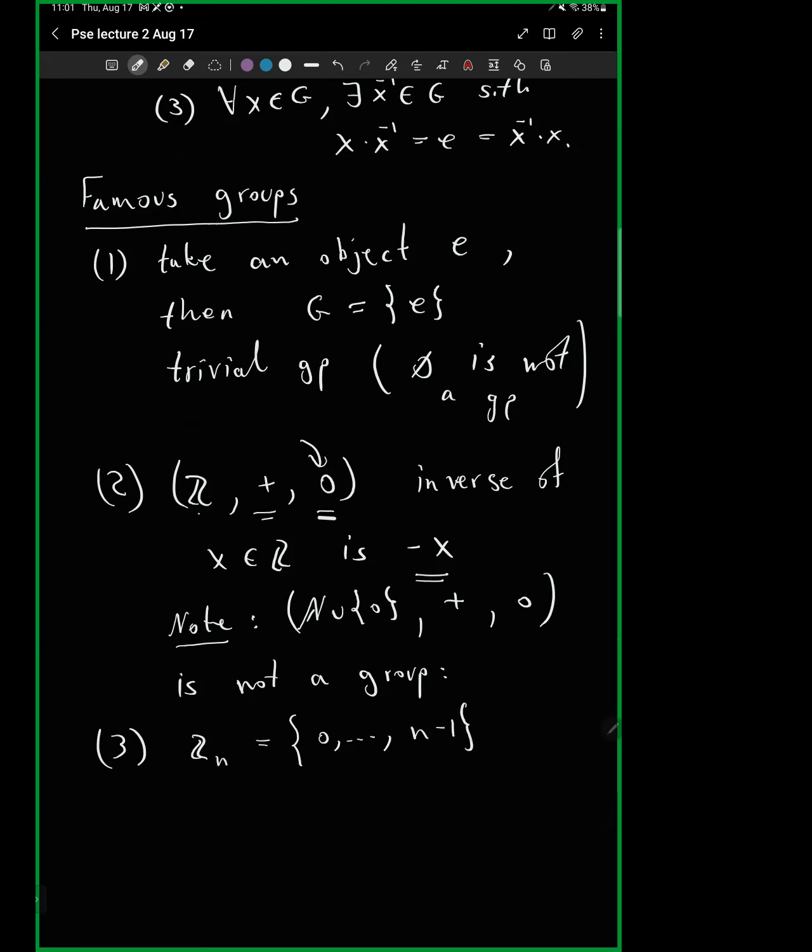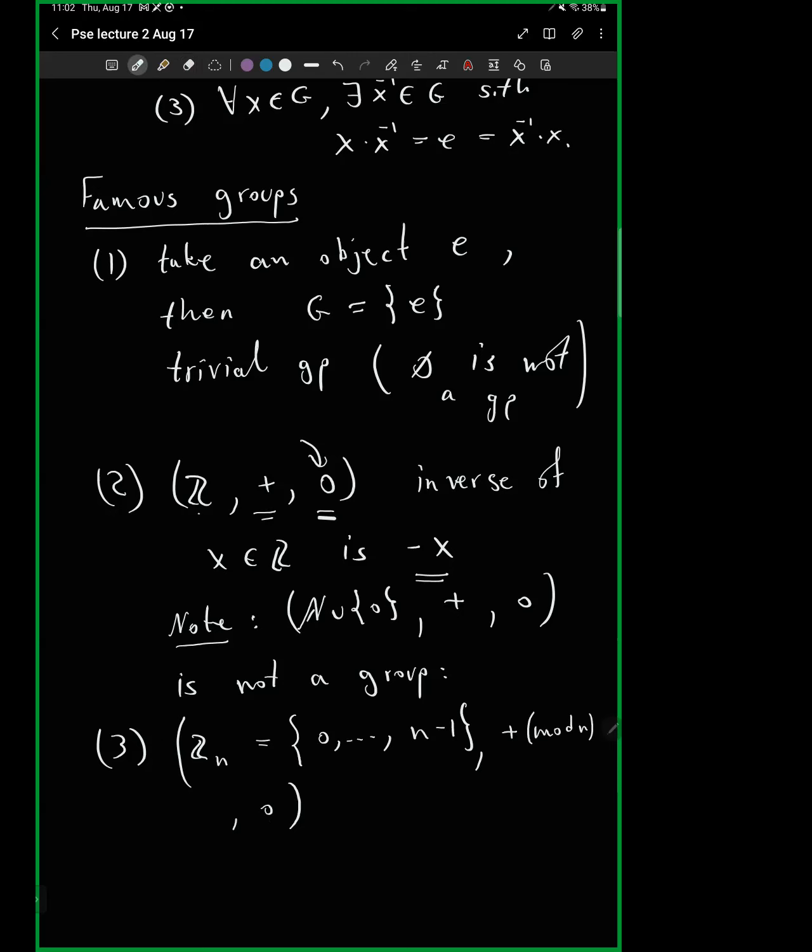But the binary operation is, I will write like this, plus mod n. And the unit or the neutral element is 0. So all this stuff is a group.